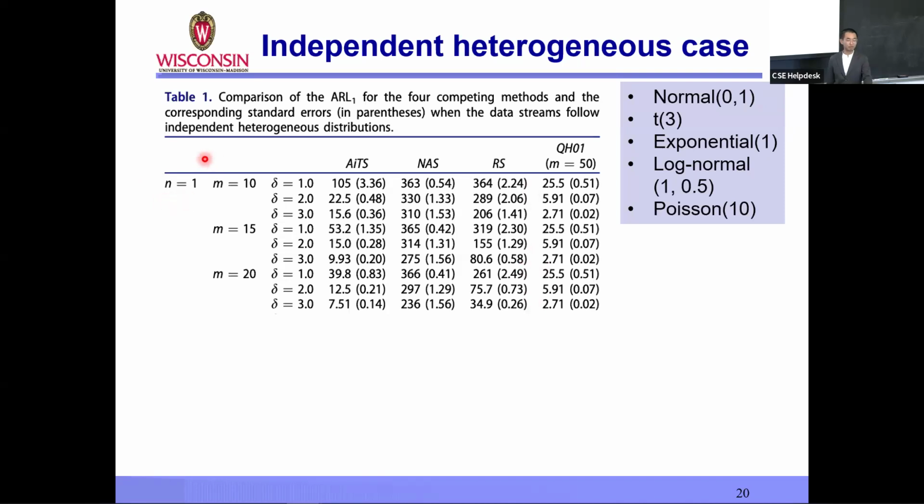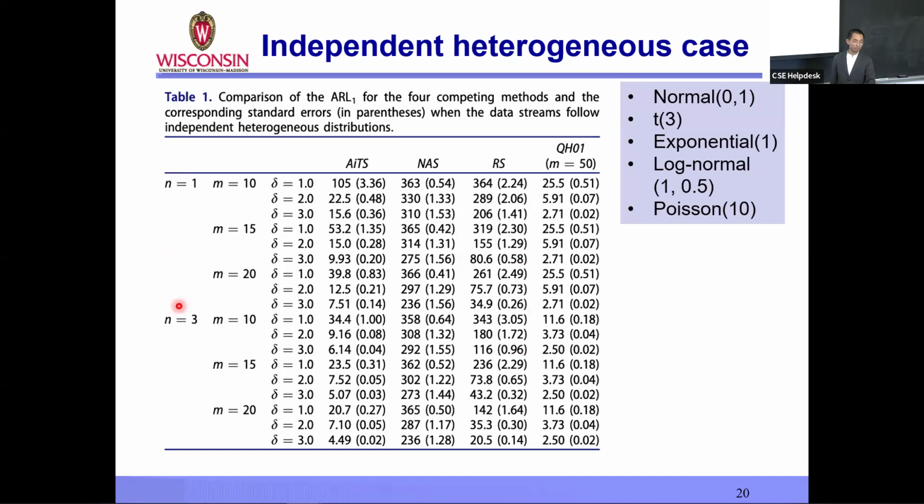This is when we have only one shifted data stream. And the bottom shows when we have a larger number of shifted data streams. I want to draw your attention to the last row here, the detection of our method and the QH01. These two values are very comparable in terms of the detection delay.